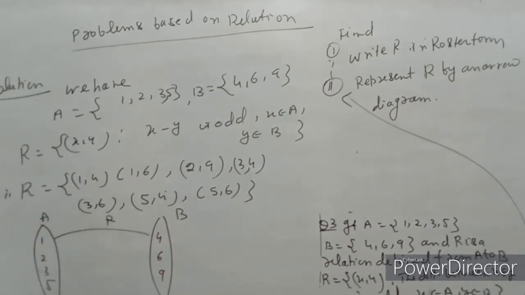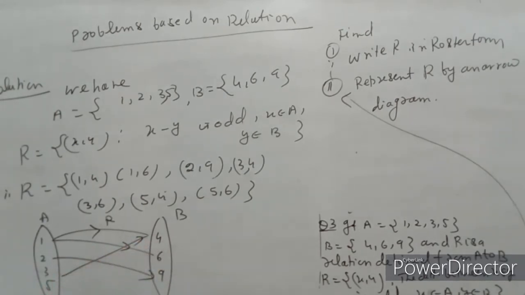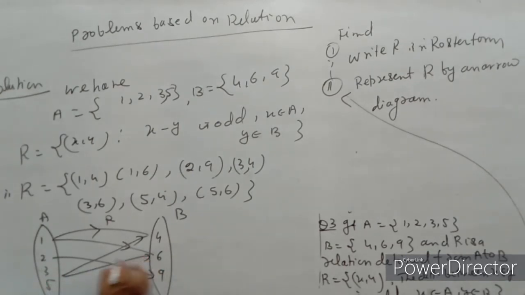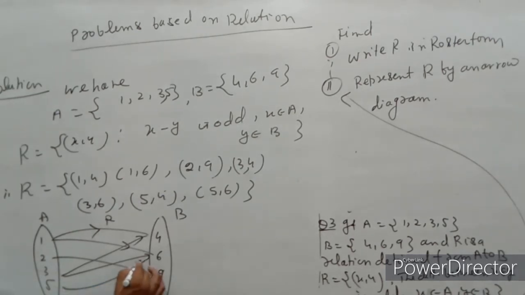So because 1 is related to 4, 1 related to 6, 2 related to 9, 3 related to 4, 3 related to 6, and 5 related to 6.